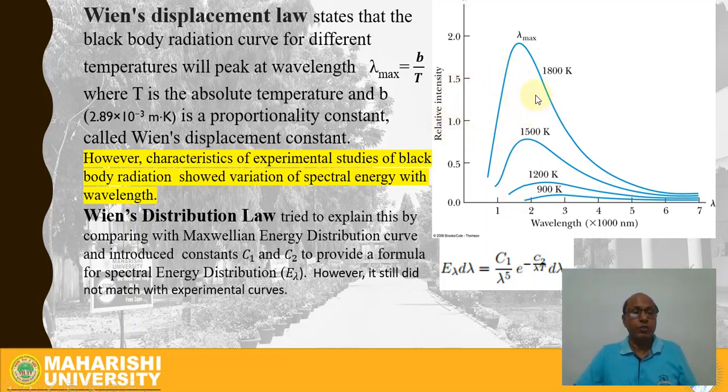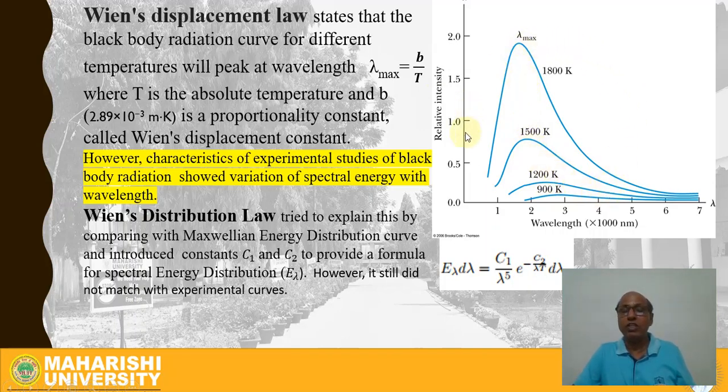Now this was okay, but the experimental studies show two other things. One was that the intensity was reducing at lower wavelengths, and it was further reducing at higher wavelengths. Now Wien's displacement law explained the peaking, the maximizing of the intensity at peak wavelengths.